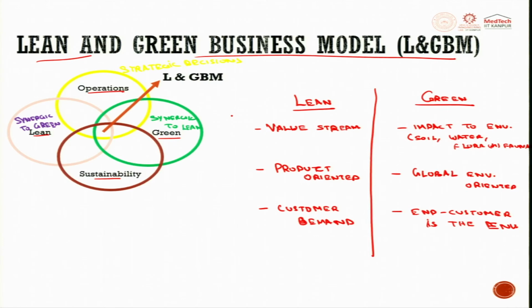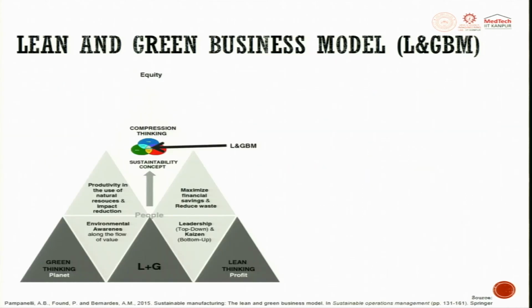So how does this model go about? The capability of lean production, if we try to say, or this model that is given by Pampanelli et al. in 2015 in their research on lean and green business models, they say that the sustainability concept, or compression thinking, the lean and green business model as mentioned in the previous slide, has planet, profit and people as part of it.